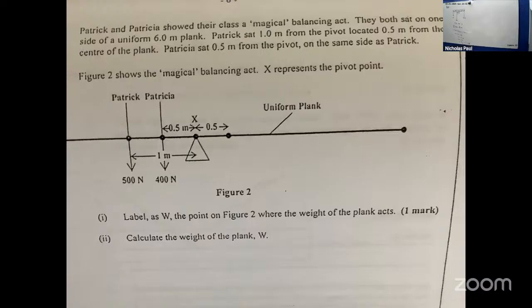Right, so here they give you the diagram already. Nobody is on the right side. One is 1 and 1.5.